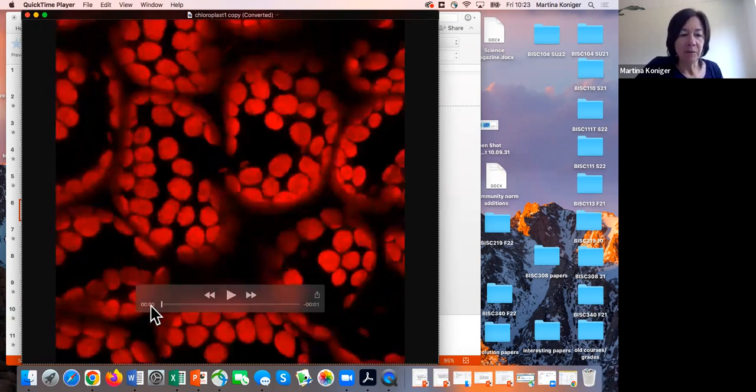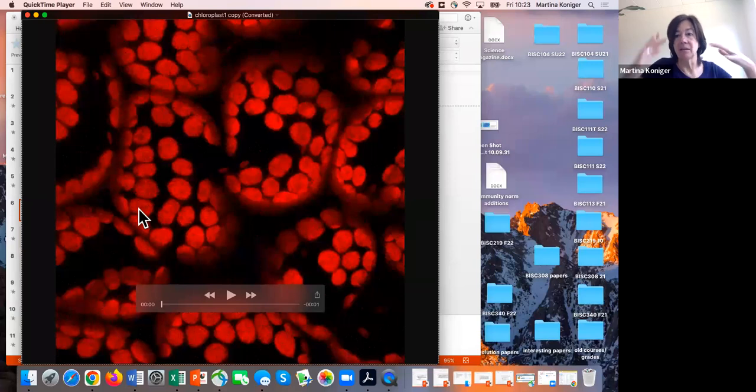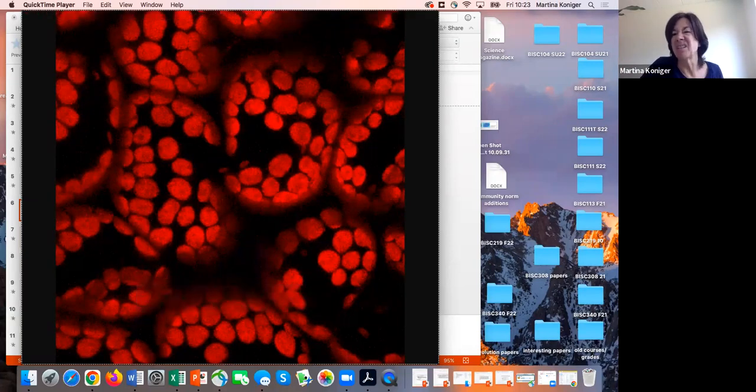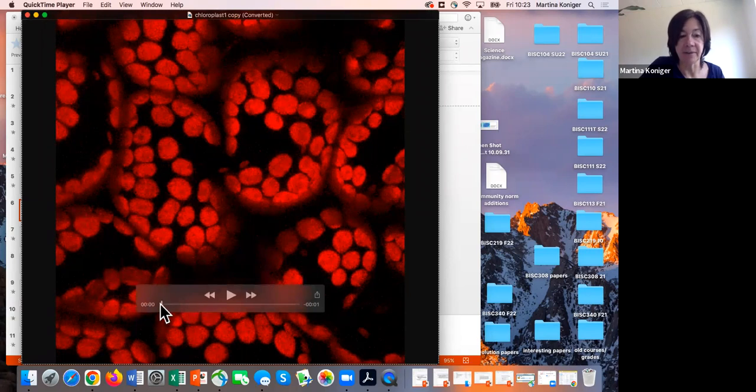What I will show you are snapshots of what happens when chloroplasts move. If you look at this cell, there are chloroplasts here and they are spread out. They are accumulating because there's not that much light here, right?